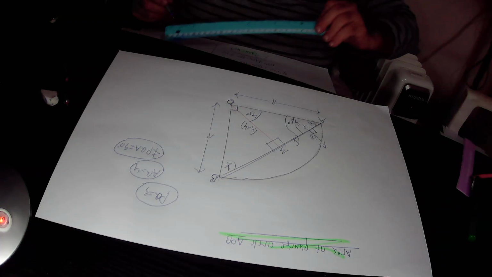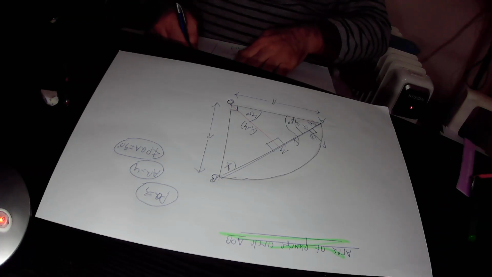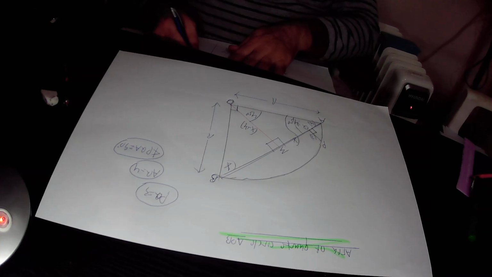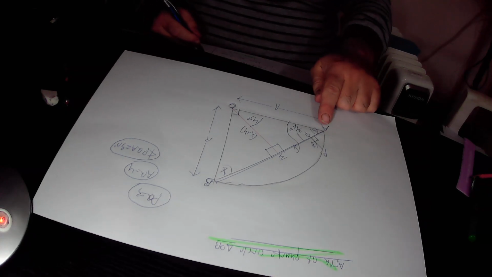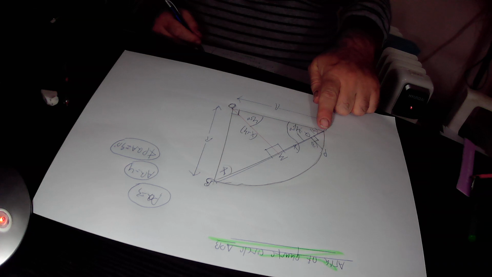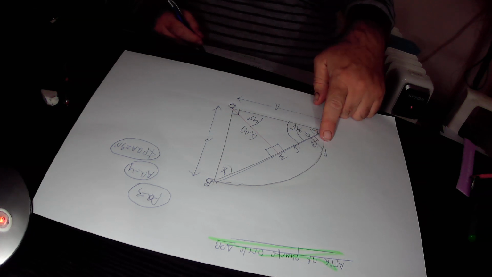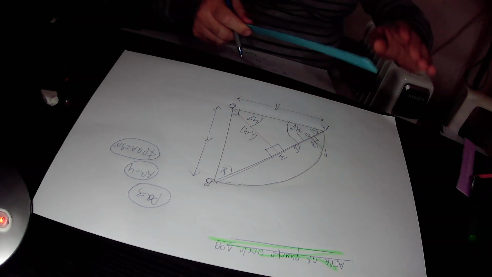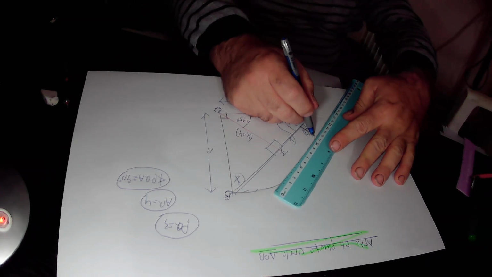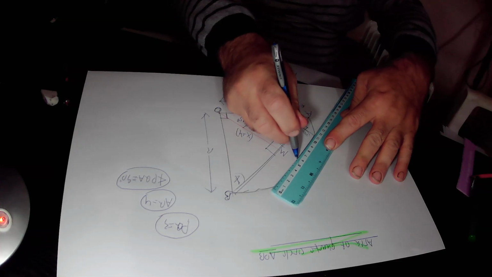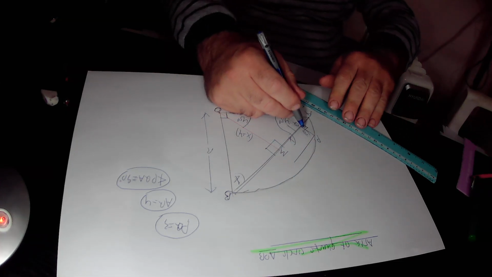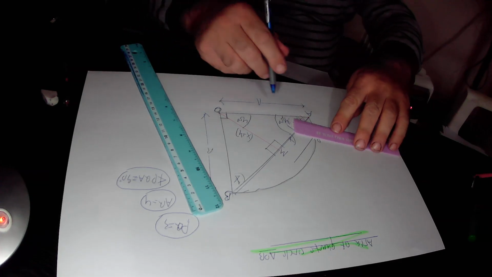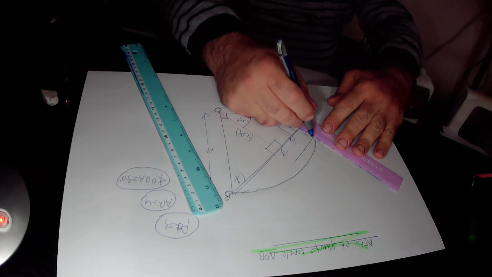In the next step, we will do another construction. That is to say, we will draw a perpendicular on line segment PQ at point P. So actually, this angle equals 90 degrees according to our construction.